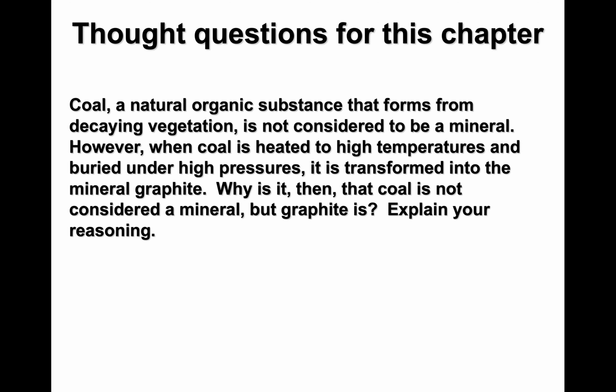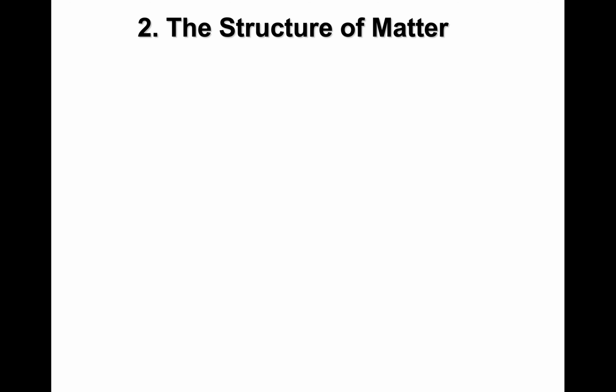Yeah? Why is it then that coal is not considered a mineral, but graphite is? So now you can check some textbooks, or you can check the internet, and look for an explanation for this reasoning.